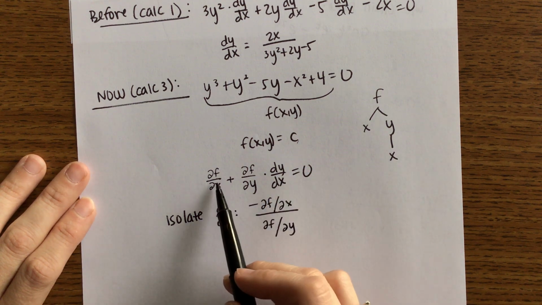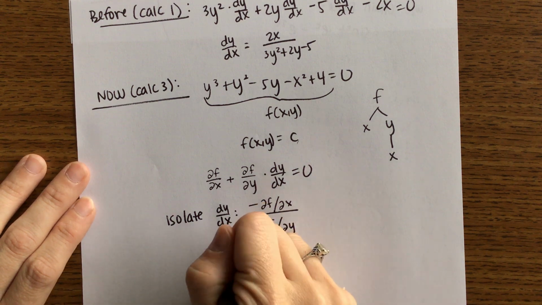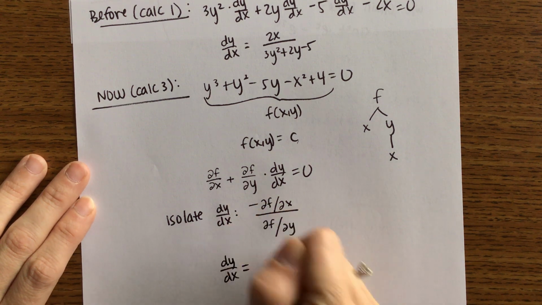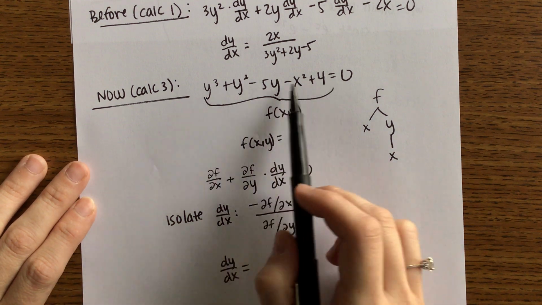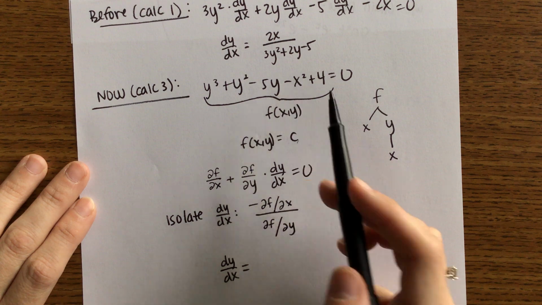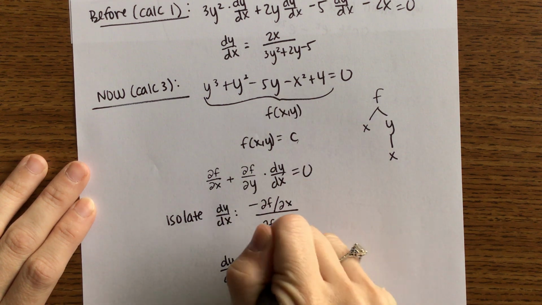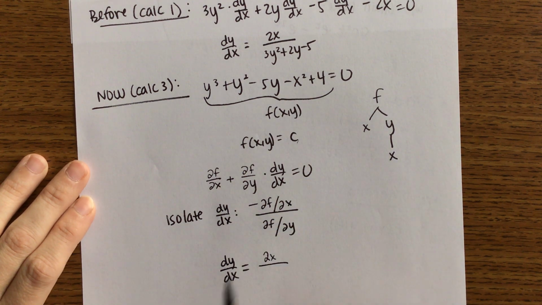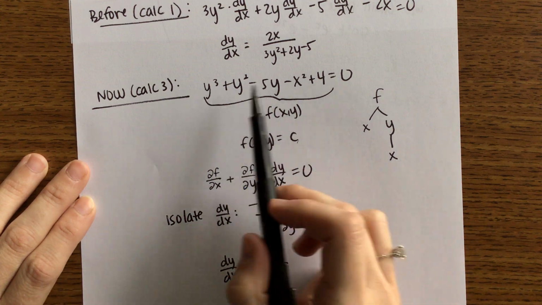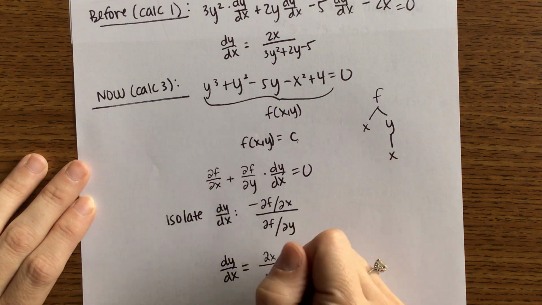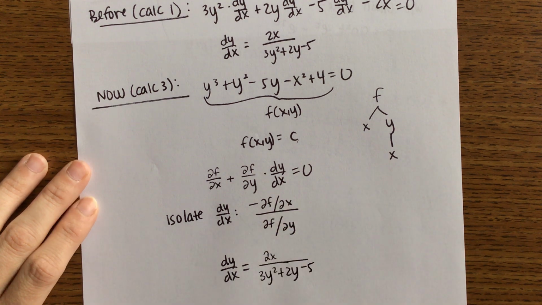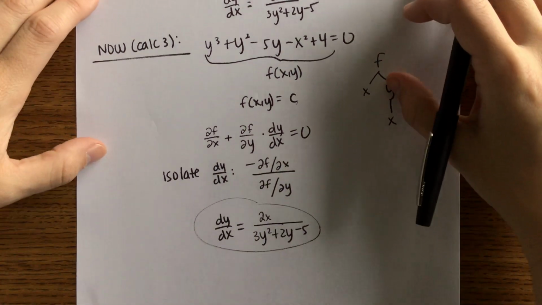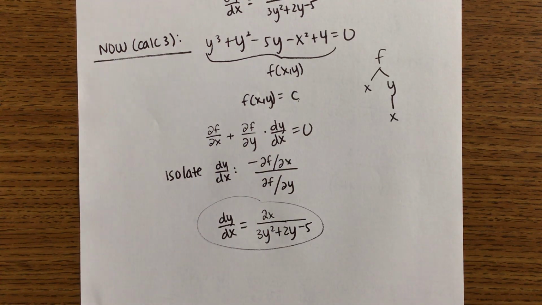All right, so I just moved this over and divided by the partial with respect to y. Okay, so if we look up here, partial with respect to x is negative 2x, but we need to switch the sign, so that's a positive 2x. And then partial with respect to y of this function is 3y squared plus 2y minus 5. So we end up getting the same answer that you would have gotten had you done this problem last year.